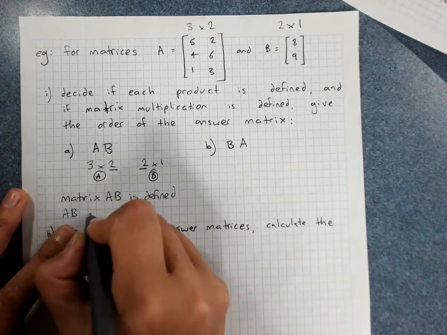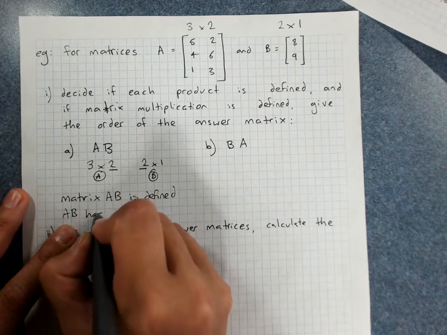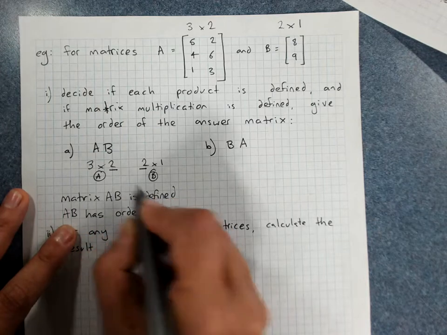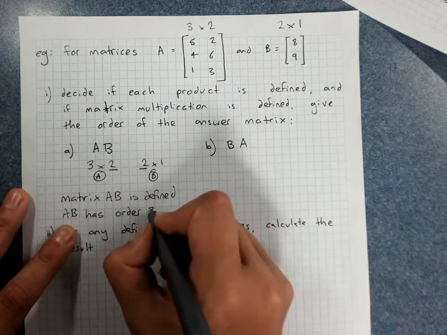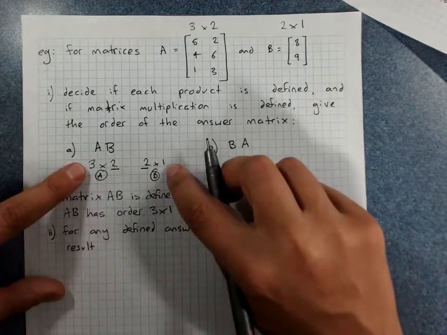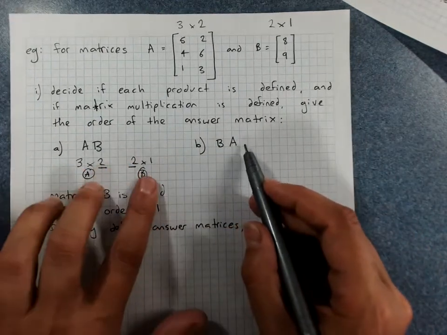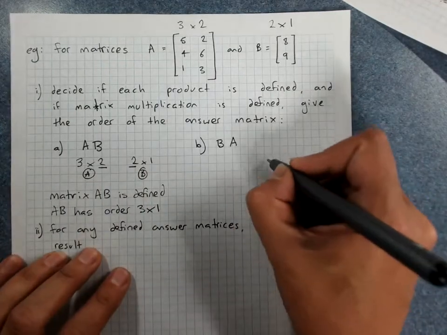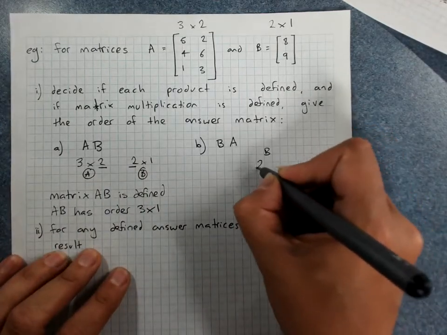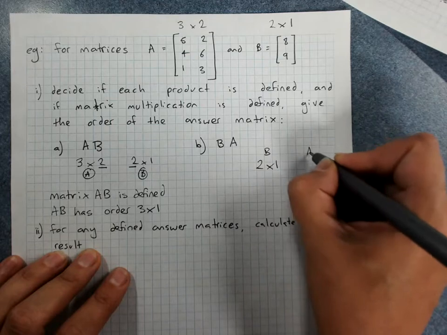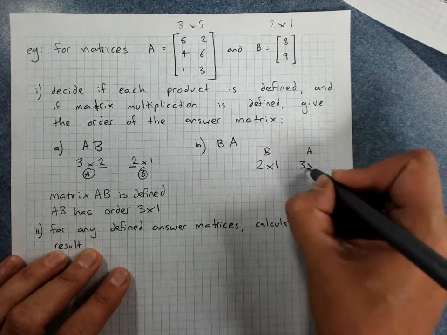And matrix AB would have the order 3 by 1, the outside numbers. Matrix BA, flip it around. Matrix B has order 2 by 1. Matrix A has order 3 by 2.